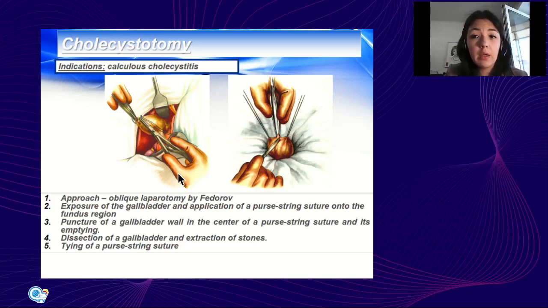It will cause enzymatic peritonitis, a very severe complication. After we are sure that there is no bile in the gallbladder, we dissect the gallbladder and extract stones. And then we tie the purse string suture. So a very simple procedure.